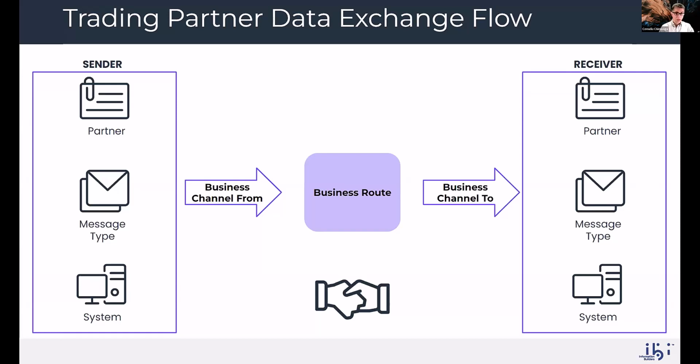So two such triplets completely define the incoming and outgoing channels of a given route. Now, in reality, as we'll see shortly, there are more types of entities which are used by TPM to completely describe a route.